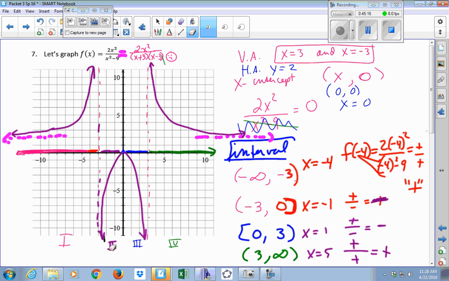Look at -3. It has multiplicity 1. If you're negative on this side, when you jump over, you're going to be positive on the other. I'm just looking at this right here. That's all I'm looking at. Just the multiplicity. Factor out the denominator.